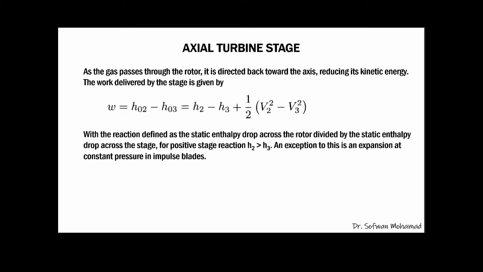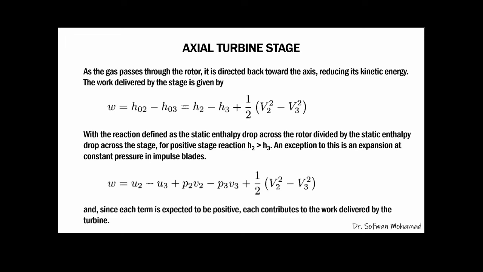An exception to this is an expansion at constant pressure in impulse blades, where the work can be written as U2 minus U3 plus P2V2 minus P3V3 plus 1 over 2 times (V2 squared minus V3 squared). Since each term is expected to be positive, each contributes to the work delivered by the turbine.